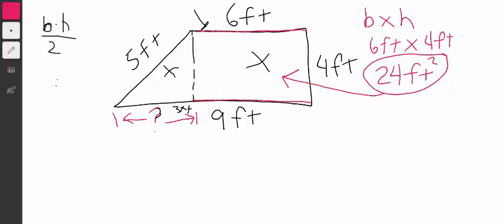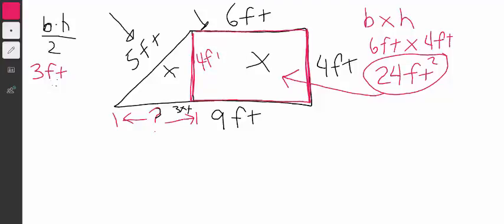So we have base, which is 3 feet, and I'm going to use red. You see that I'm the one who's writing. 3 feet times the height of, what's the height of the triangle? 5 feet. It's actually 4 feet. Right? See the 4, I just drew it, the height of it right there. That's the same as right here. That's 4 feet right here, correct?